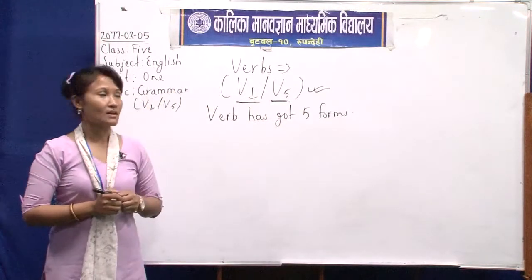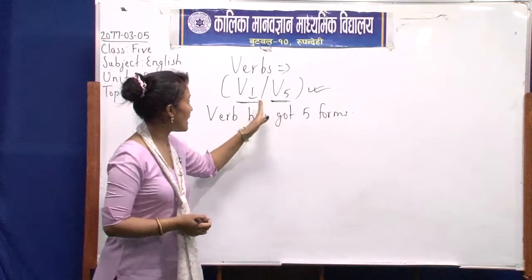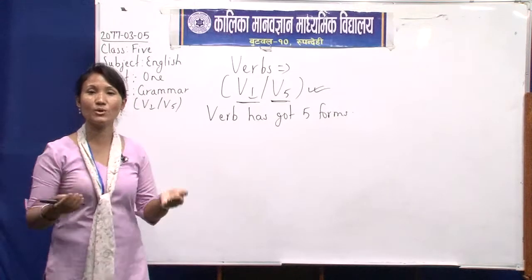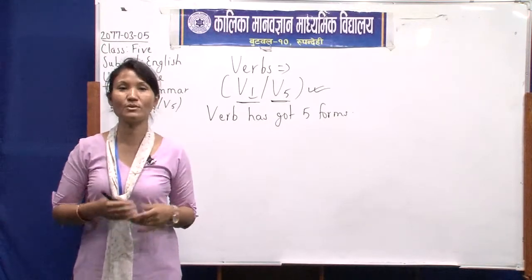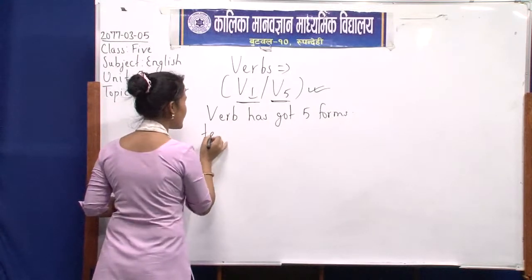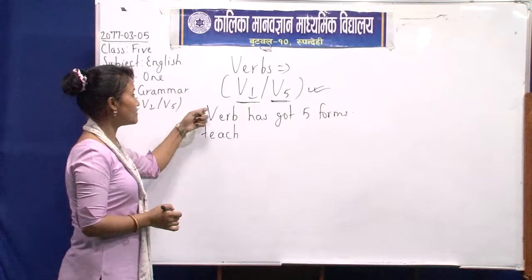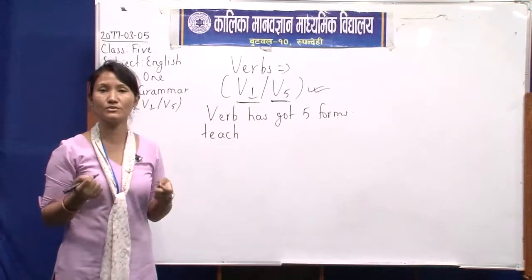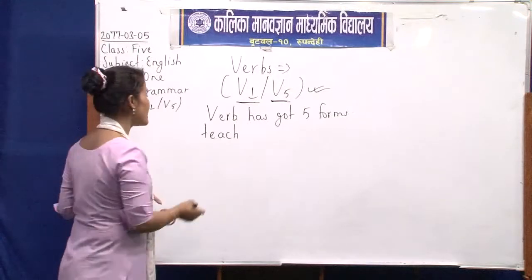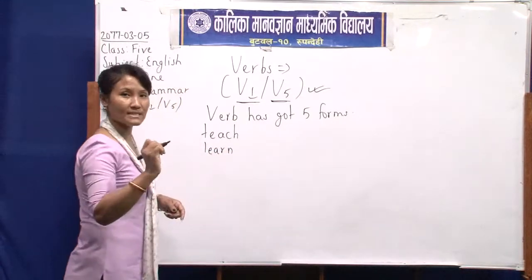Before learning about verb 5, I will list here some verbs, and I will teach you how to change those verbs into verb 5. Let's take a very easy example. Teach. I am teaching you. Verb 1 is also called a root verb. Teach. What are you doing? Learning. Learn. Likewise, I am writing.